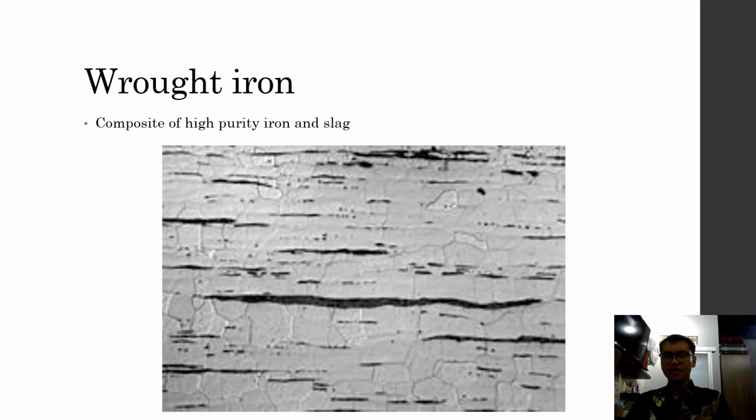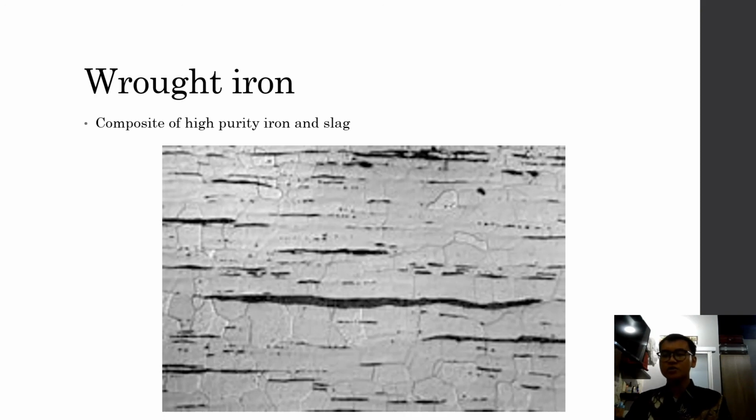The slag is mainly iron silicate and exists as a fibrous structure embedded in the ferrite matrix of rolled and shaped wrought iron. When broken, wrought iron does show a fibrous break, resembling a break in a piece of hard wood, in contrast to a crystalline or granular break of steel.